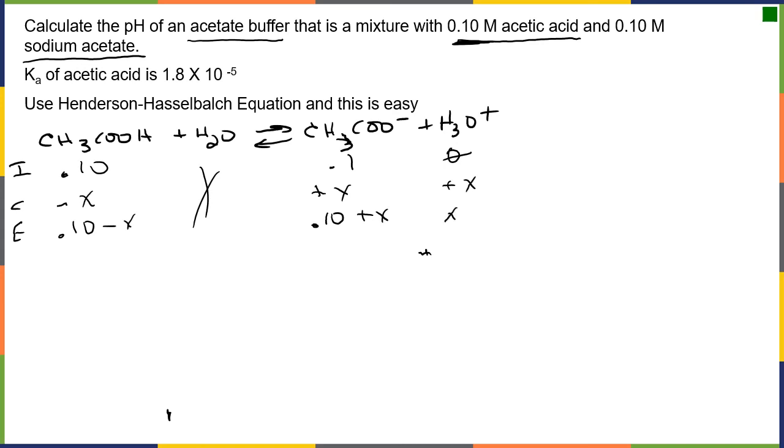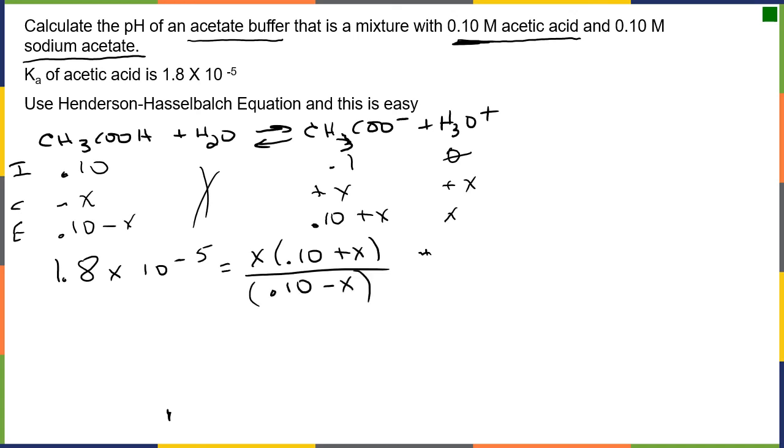Plus X, plus X, and we're going to get 1.8 times 10 to the minus 5 is equal to X times 0.1 plus X over 0.1 minus X. We're going to set our X equal to 0 compared to the initial. Remember, we're going to consistently do this approximation. When we do this, we're going to get X times 0.1 over 0.1.